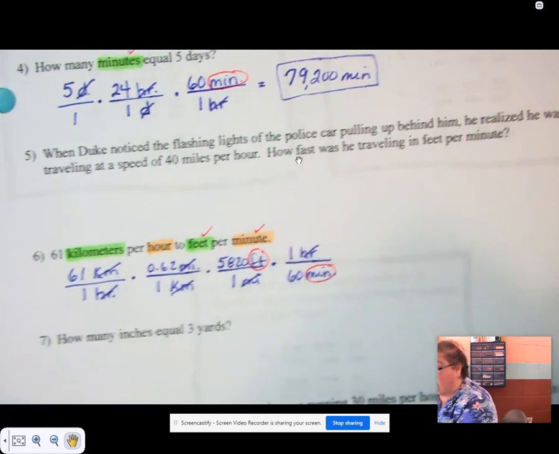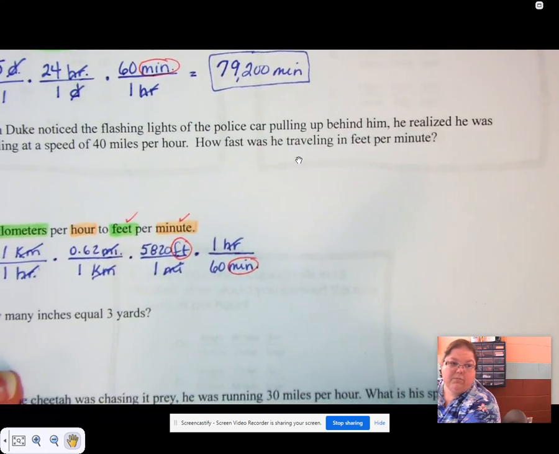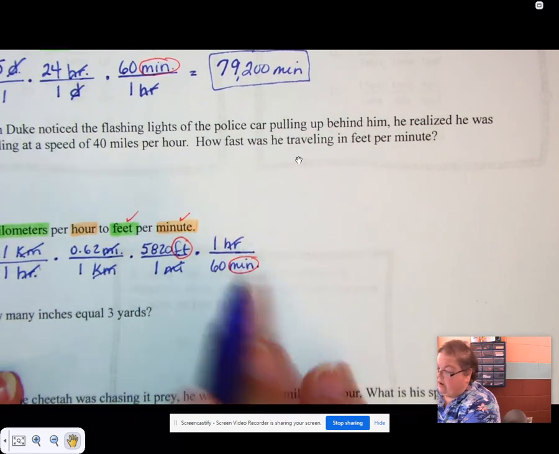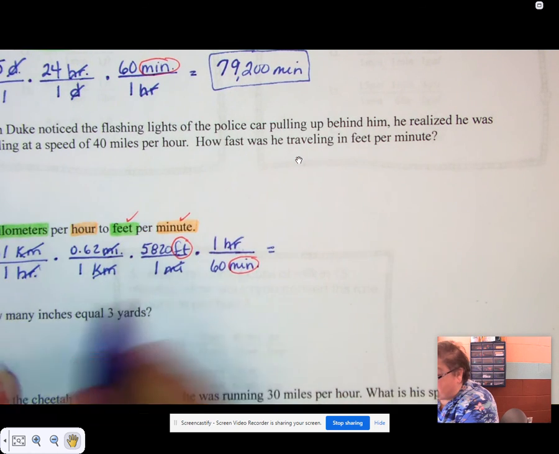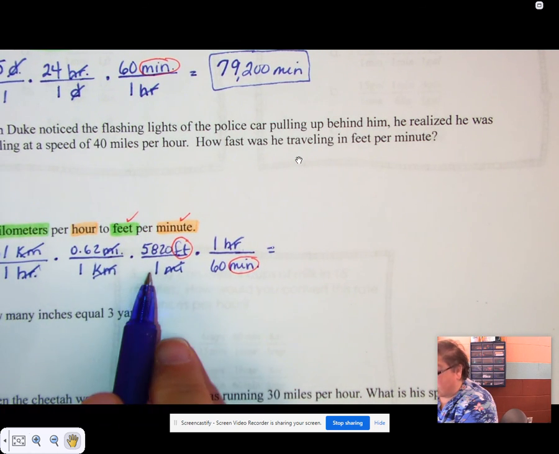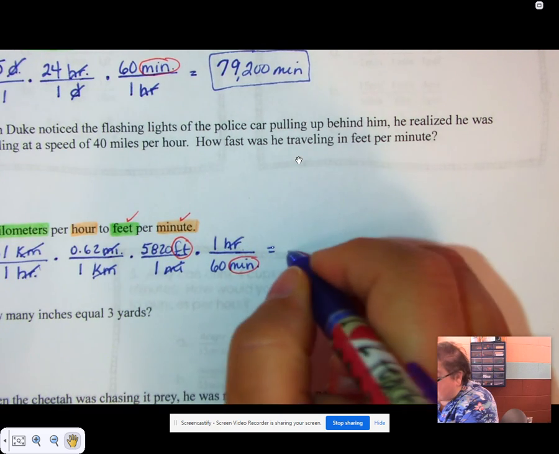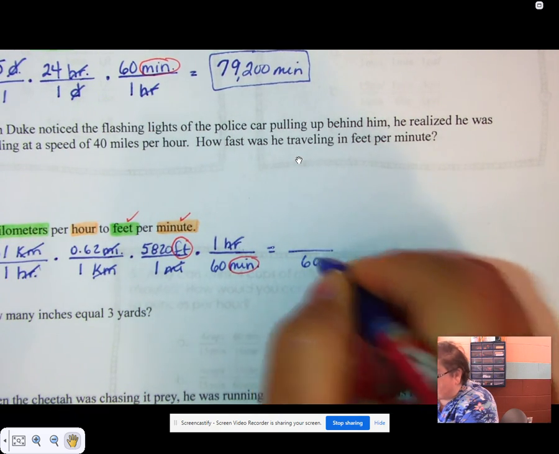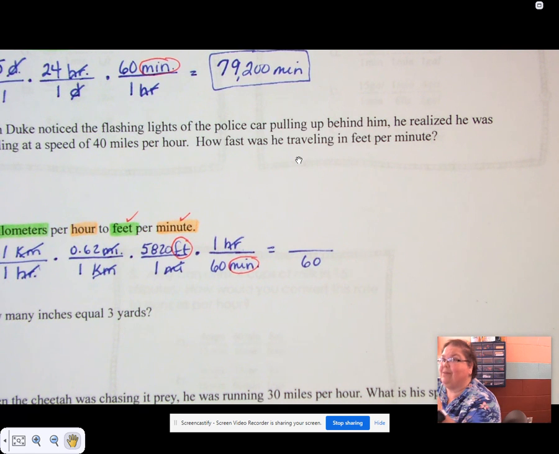Now, as a reminder, when we multiply with fractions, this time am I just going to have 1 in the denominator? No. 1 times 1 is 1, times 1 is 1, times 60 is 60. So I'm going to divide by something this time, okay? So I'm going to divide by the 60.